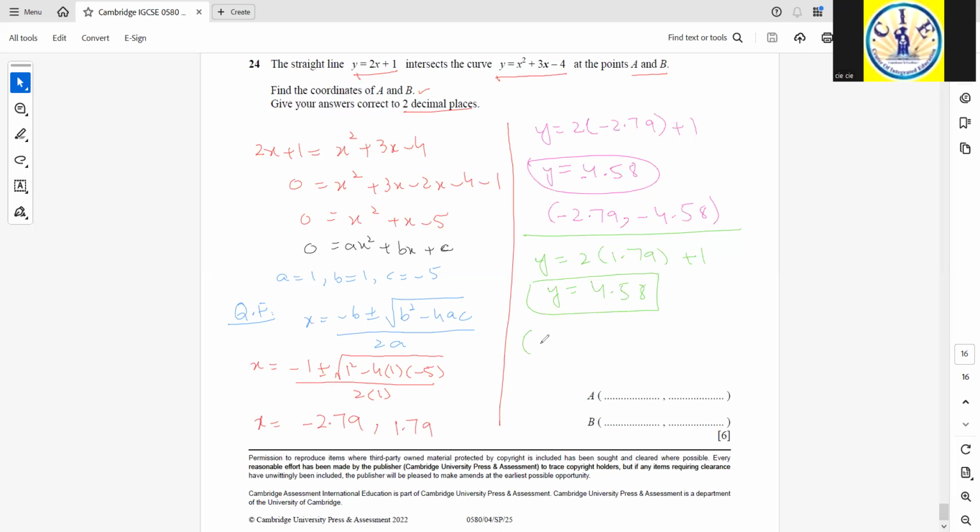So the point is 1.79 and 4.58. So the answers are negative 2.79 and negative 4.58, and then 1.79 and 4.58. So that was question number 24, the last question of this paper.